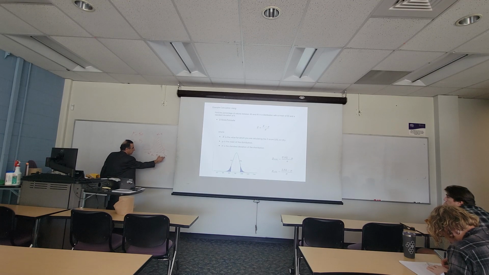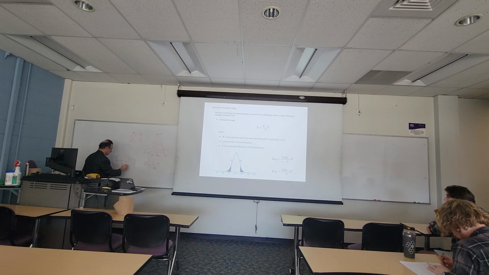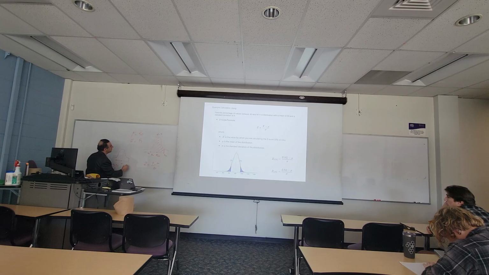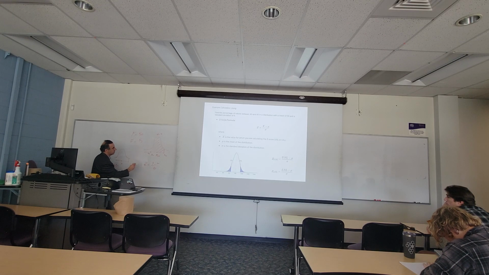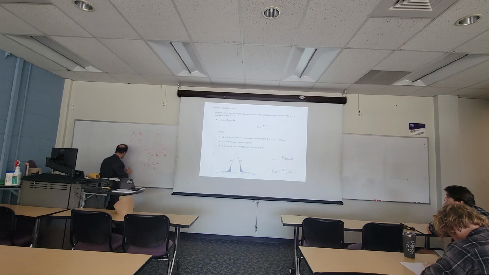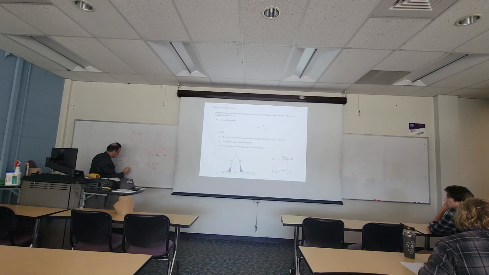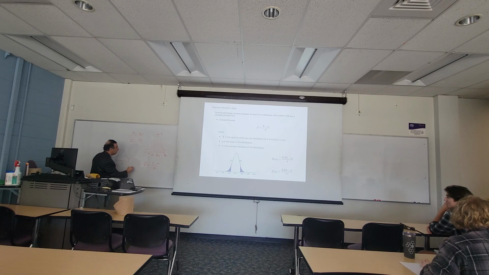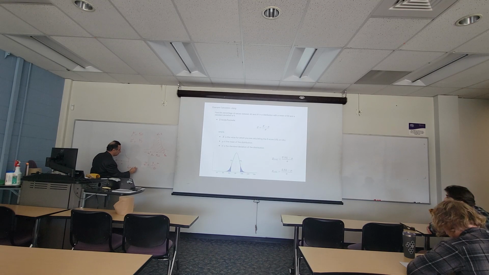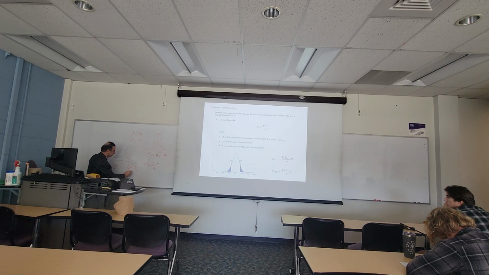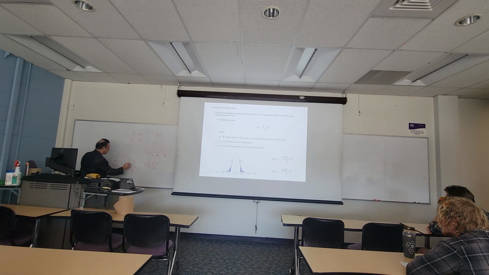And how about 60? Again, 60 minus the average 50, divided by 5. So these are my new z values. Then I have to use this z number to find the area.